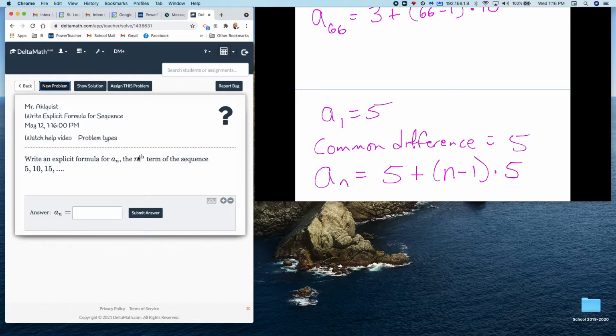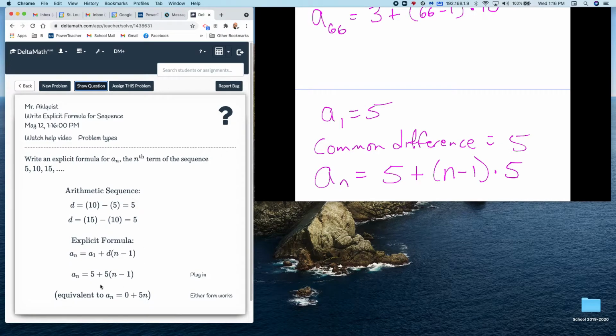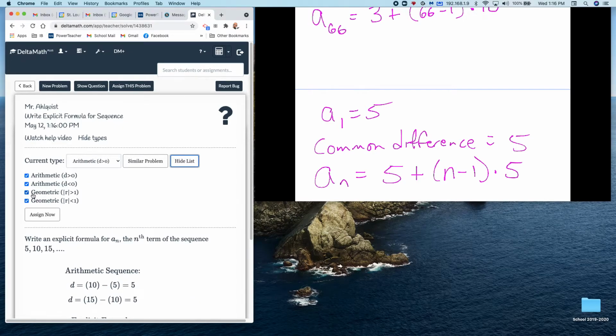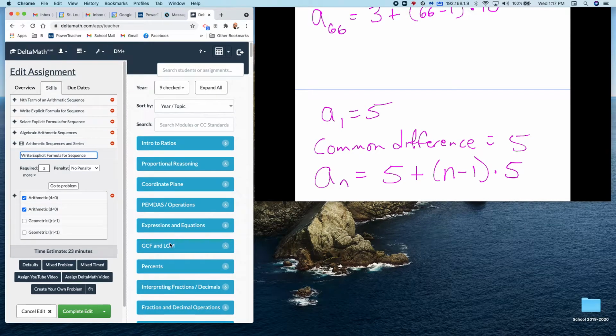And if I show you that solution, that's what we get. And Delta Math will accept if you distribute or do some other things with it. But that's what we're going to have. And I'm going to make sure that I just assign the arithmetic ones. So now you'll just get arithmetic ones in here.